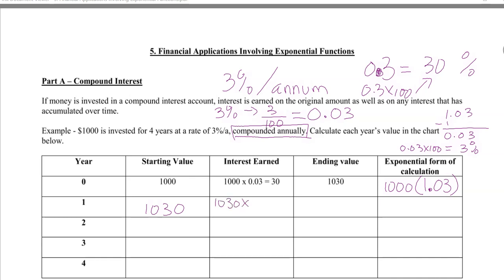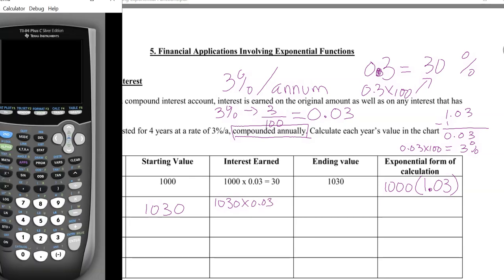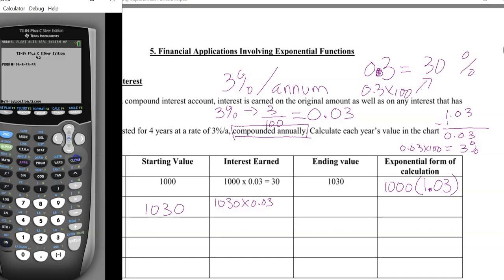We have 1,030 times 0.03. Get the calculator up and running. So 1030 times 0.03 gives us $30.90. Basically, we know the original 1,000 is earning $30 in interest, and this $30 must be earning the 90 cents, right?